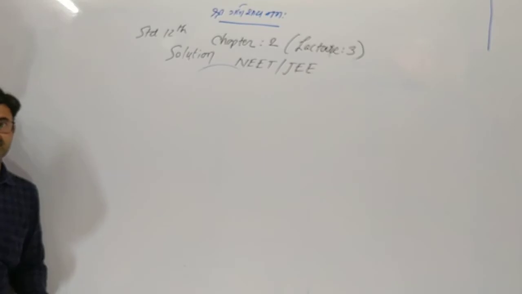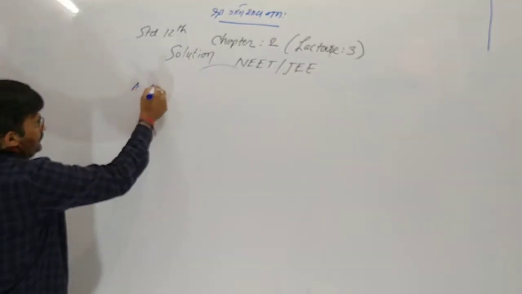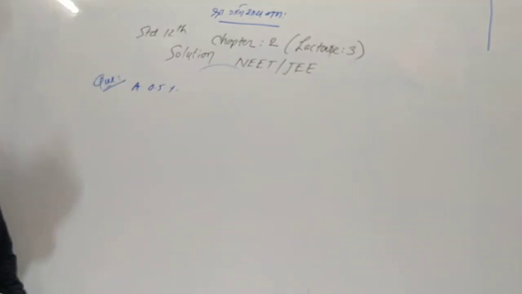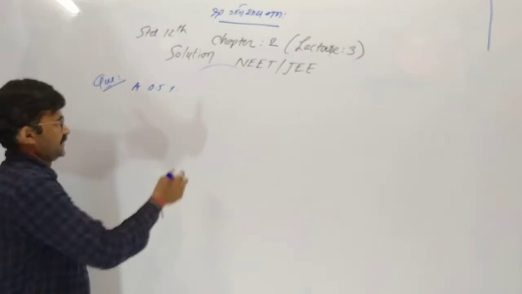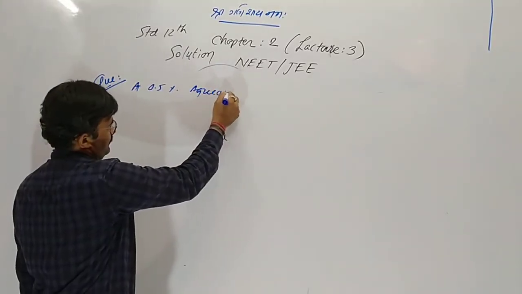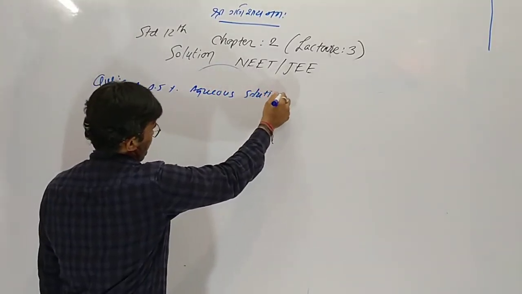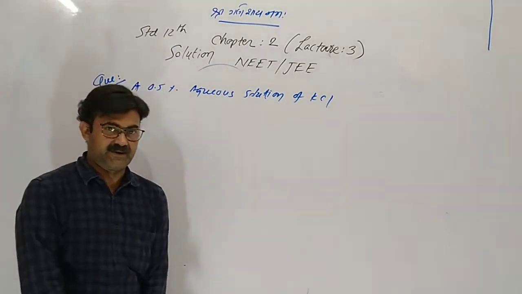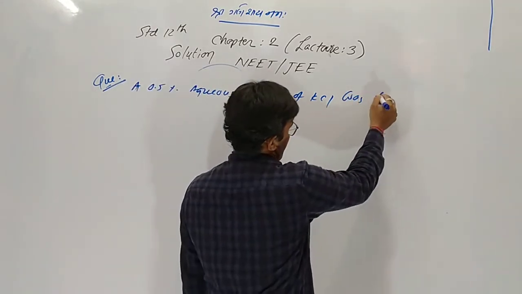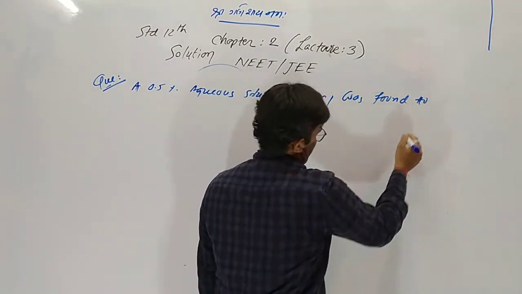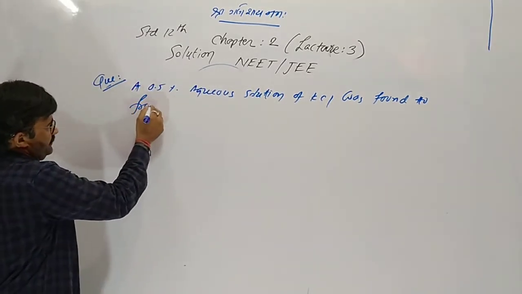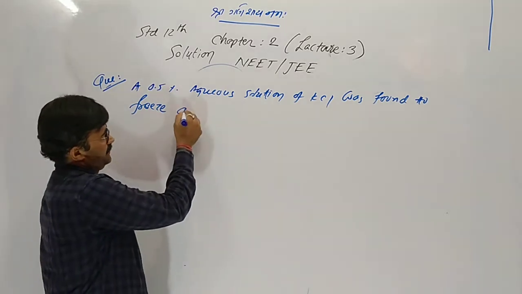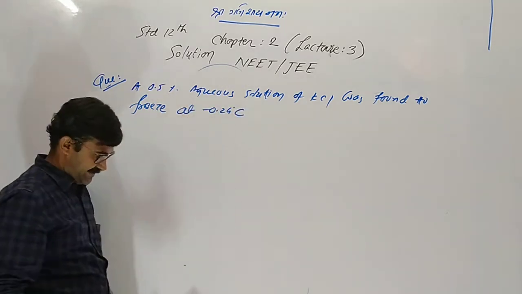A 0.5% aqueous solution of KCl was found to freeze at minus 0.24 degrees Celsius.